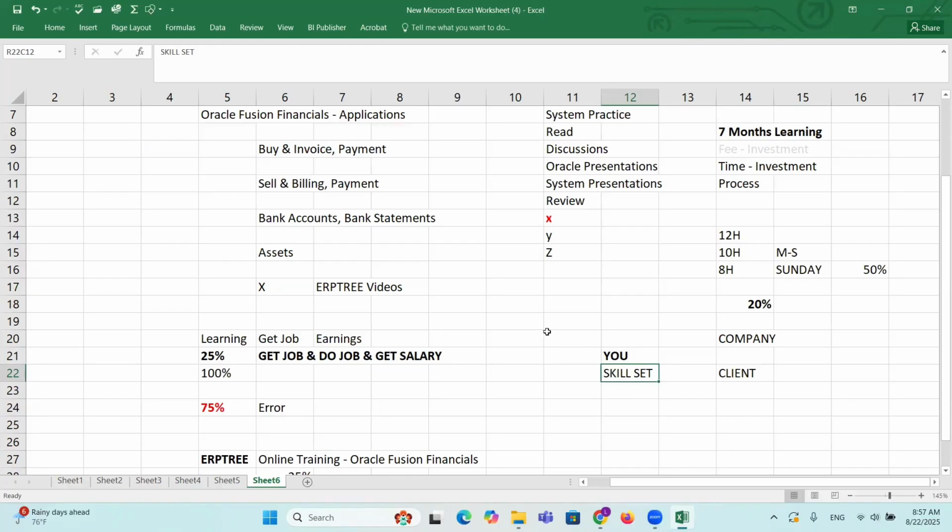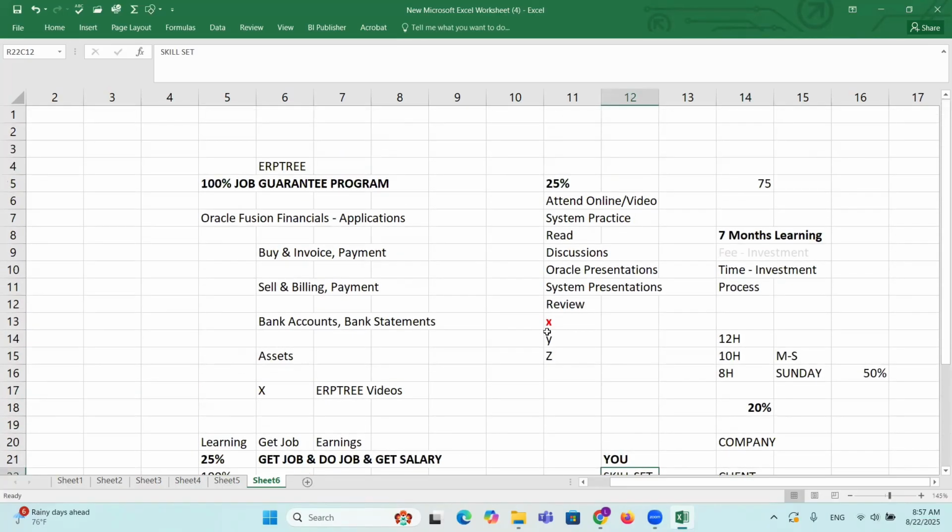You no need to worry about your academics. On the floor, 50% of people are from BTech background. There are few guys who are from hotel management, BSc. They have a bachelor degree from hotel management.